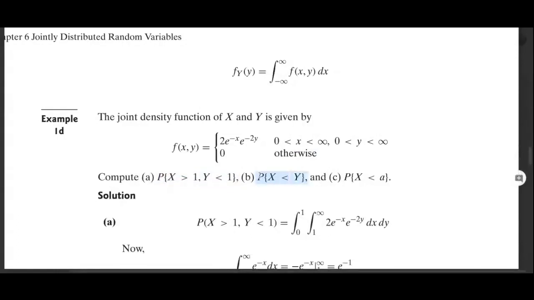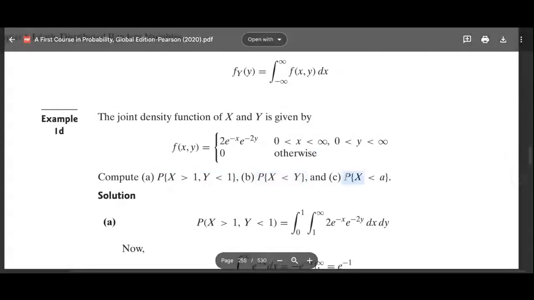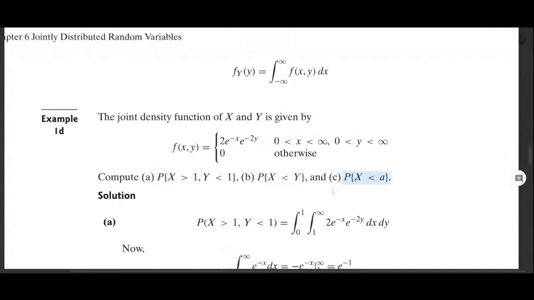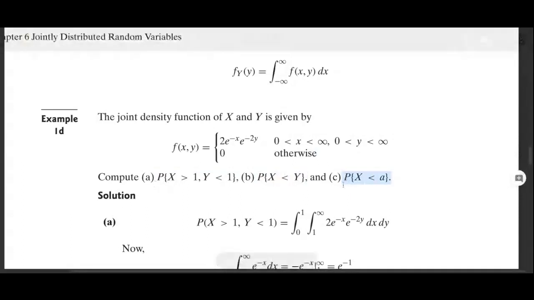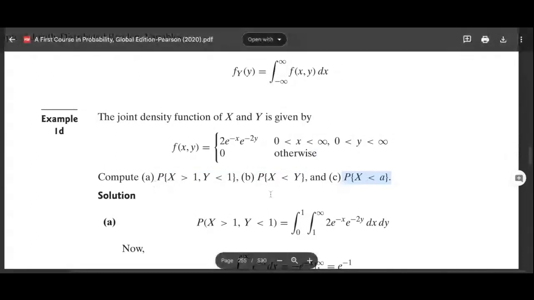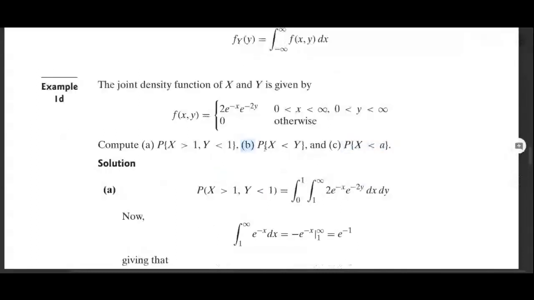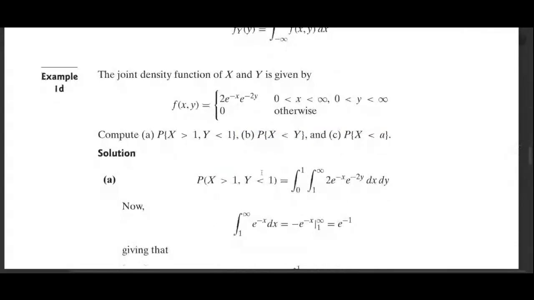And x less than y. Okay, this is interesting. Parts A and C are direct, so B is not so direct. B is x less than y. Let's see.